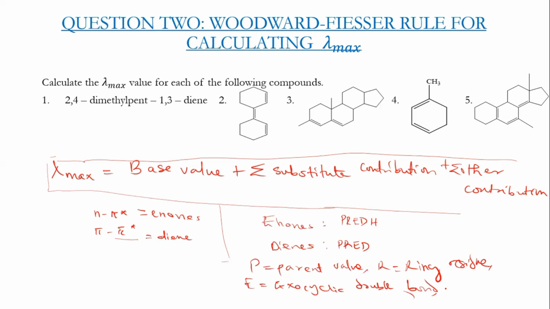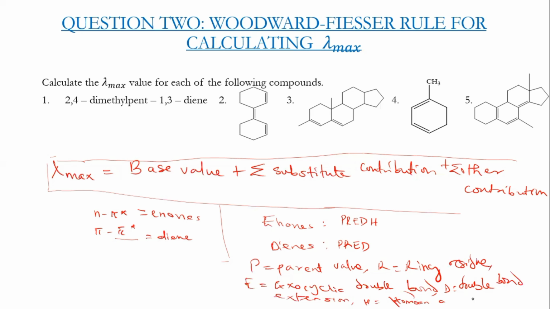The D is the double bond extension. And the H is the homoannular diene component. So I'm going to be talking about it later on, okay? So let's look at the first question.